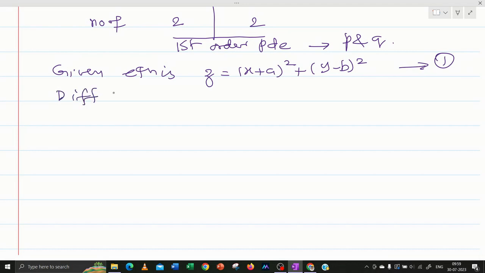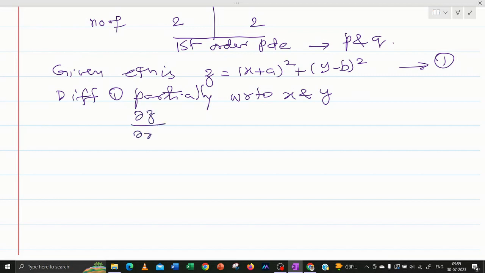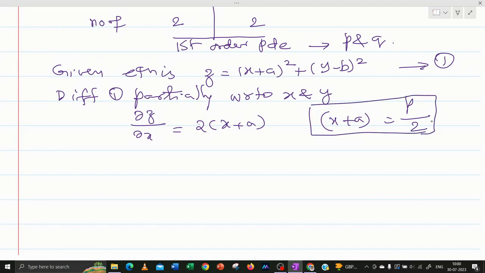Differentiating 1 partially with respect to x, we get dou z by dou x equal to 2 into (x plus a). That means x plus a equal to, dou z by dou x is p, then cross multiply the 2, x plus a is p by 2, which is equation number 2.